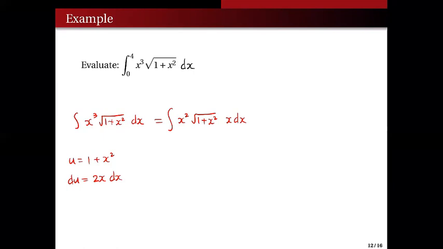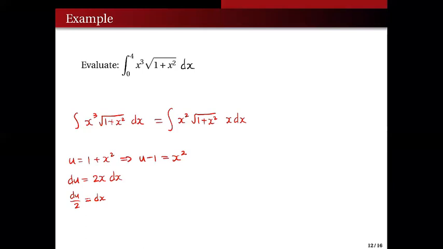From here, you will have u minus 1 equal to x squared. And then in here, we have du over 2 equal to dx.